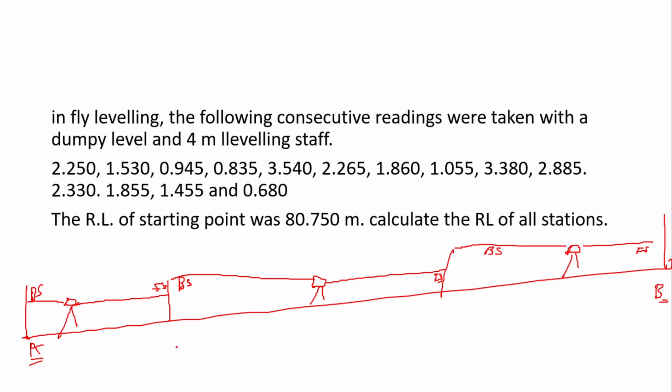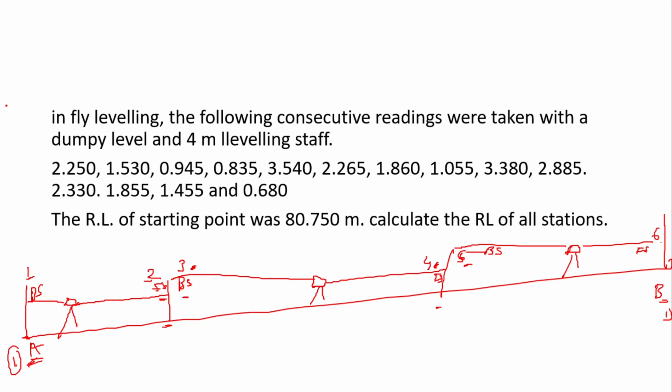You can see there is one single reading at stations A and B, but at the intermediate stations there are two readings: one is foresight, the second is backsight. So the first reading is backsight, second is foresight, third is backsight, fourth is foresight, fifth is backsight.